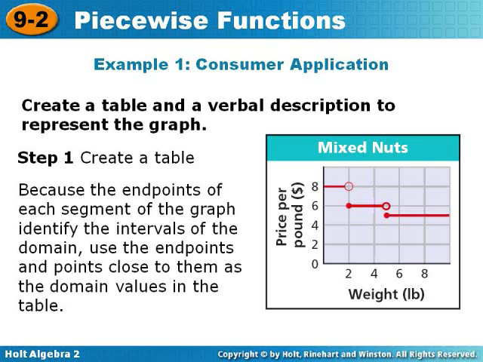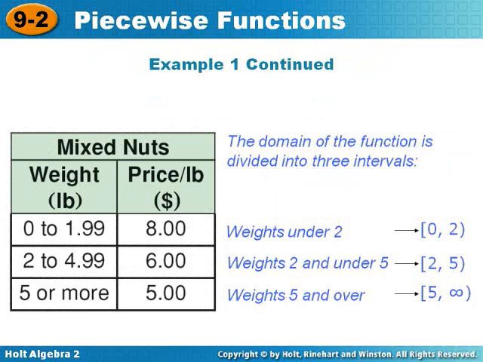Now look at the way it's written as notation. Here is that same information from the graph written out in function notation. There are 3 different prices, which means there are 3 sections or intervals. The first one says if the weight is between 0 and under 2, or 1.99, you're going to pay $8 per pound.